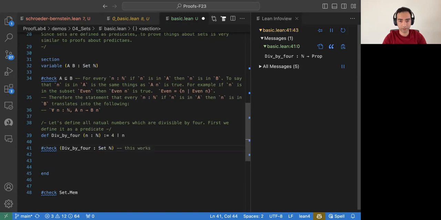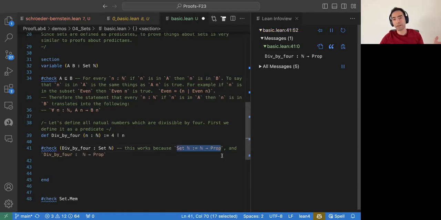This works because set n is defined as n to prop, and div by 4 is a term of nat to prop, so it's a term of the right-hand side. And therefore, because these two things are equal, it's going to transfer and become a term of the left-hand side.